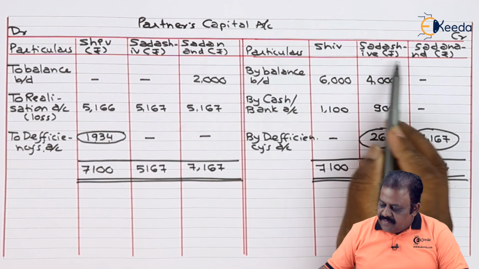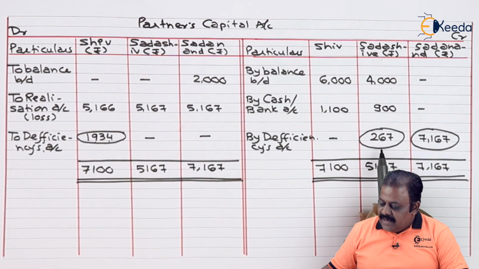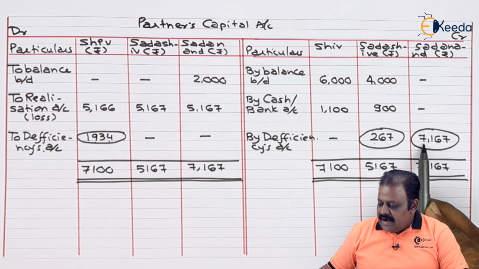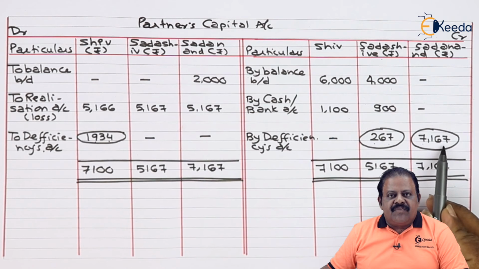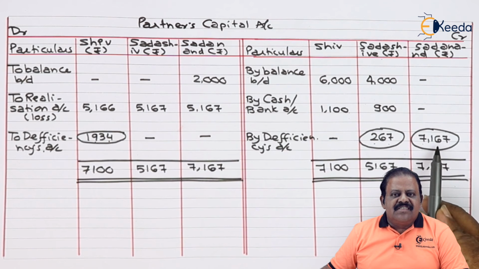In case of Sadashiv and Sadanand, we are getting balancing figures on the credit side, 267 and 7,167. Those will be transferred to the debit of deficiencies account.